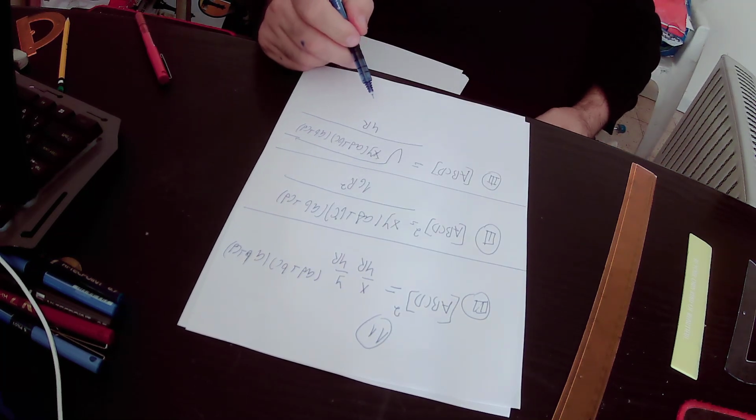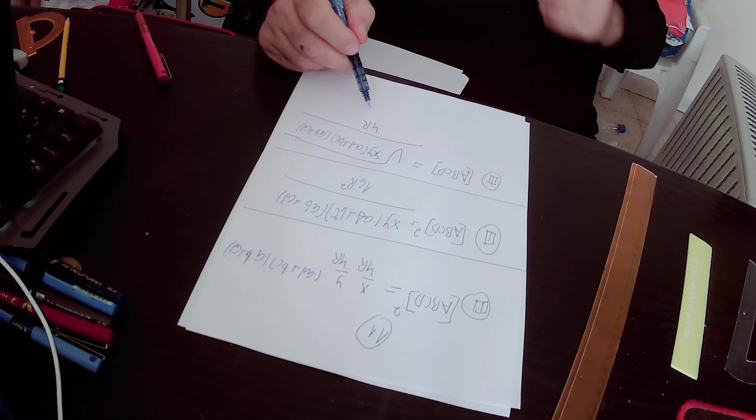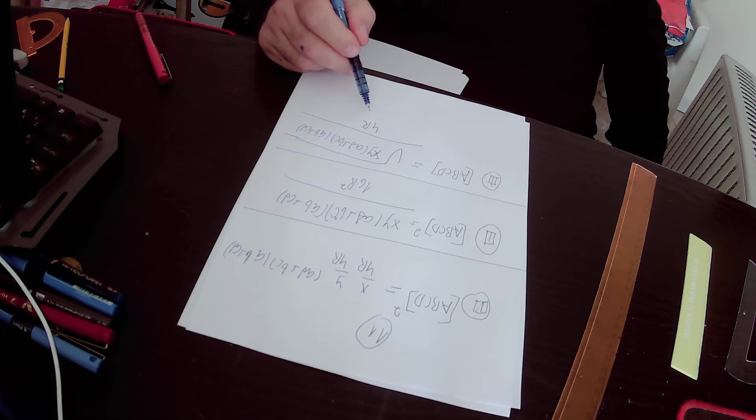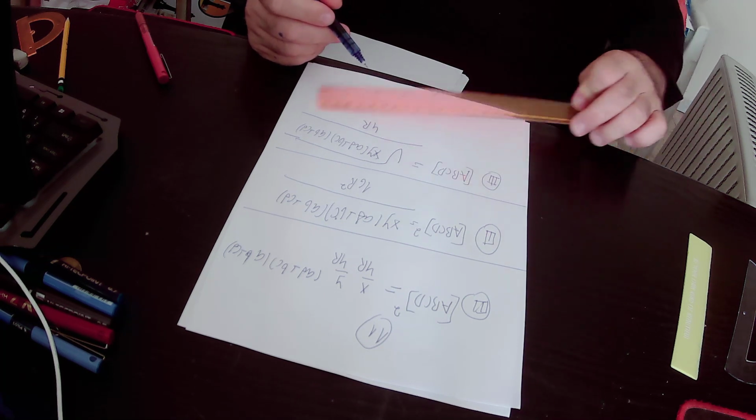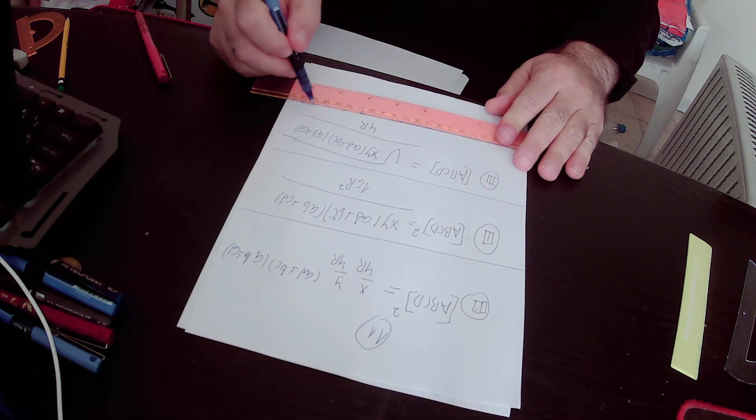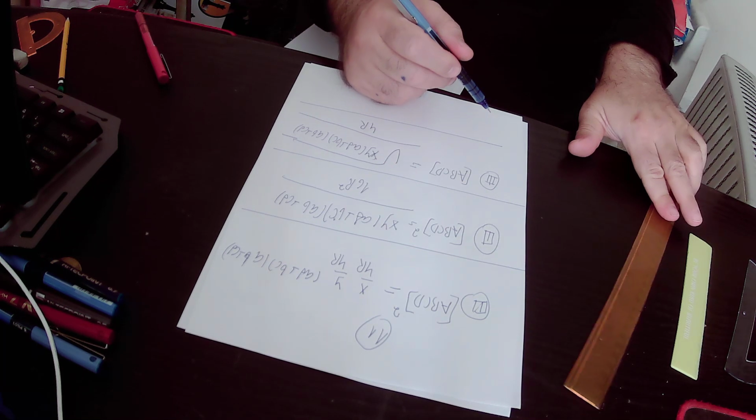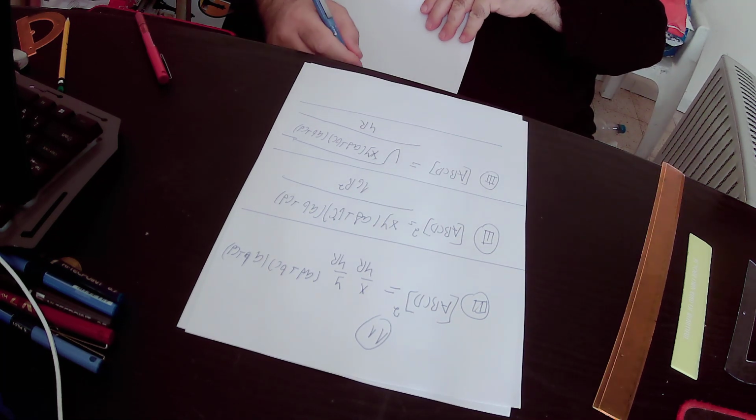So here we will multiply equation number 3 by r, because we want to find out the radius of the circle.